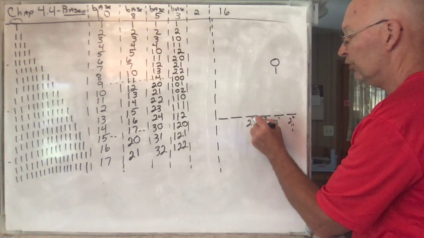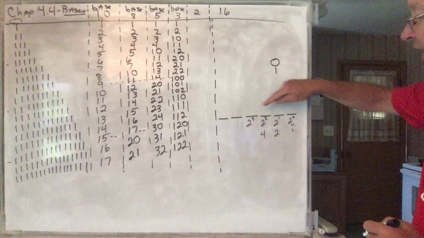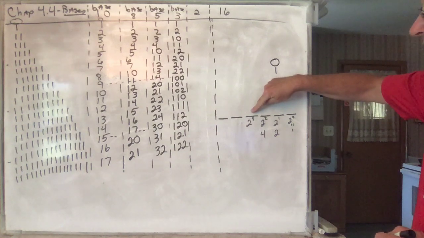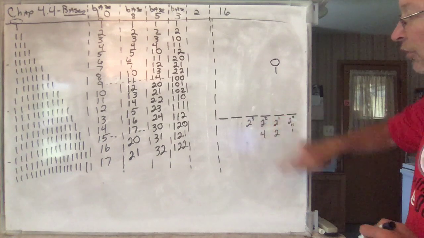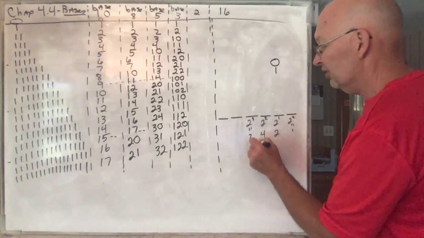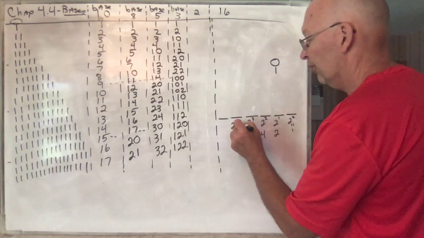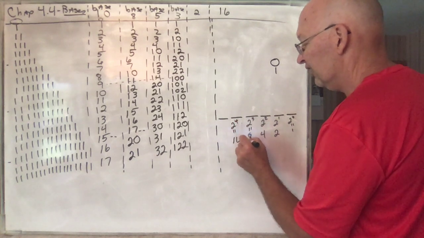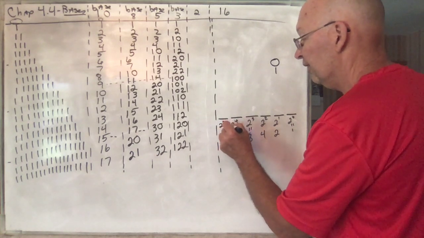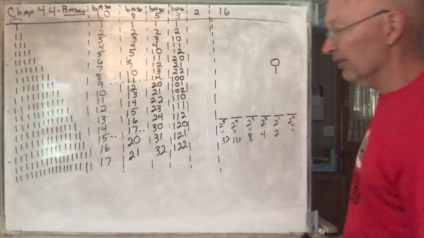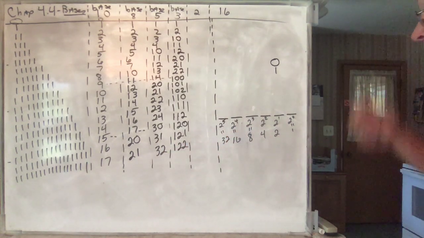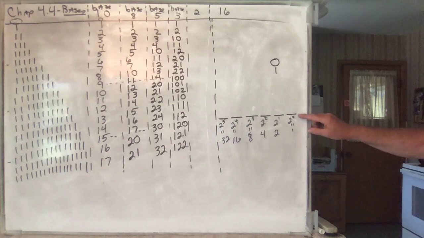This is going to be 2 cubed, just like if you were in base 10, this would be 5,000, which would be 5 times 10 cubed. So this is going to be 2 cubed, which is 8. This is 2 to the 4th, which is 16, and this is 2 to the 5th, which is 32. And we don't have to go beyond that. We'll be good.